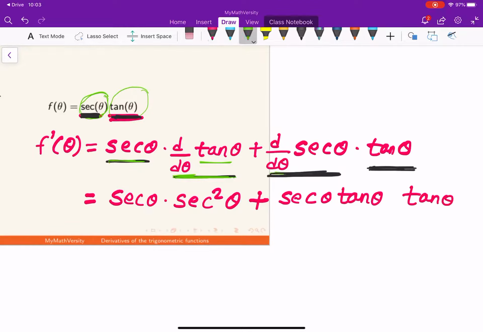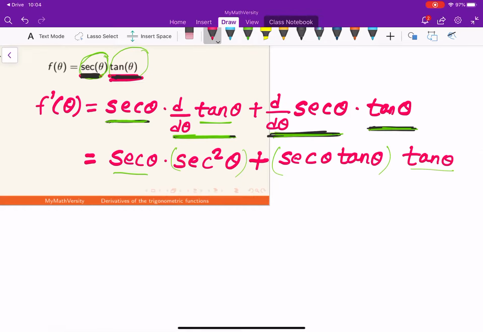You might have noticed whatever is the secant theta, we leave that as it is, multiply by the derivative of the tangent theta, which is secant square theta, plus the derivative of the secant theta, which is secant theta times tangent theta, multiply by the tangent theta as it is. So that's what we have done. It's done. This is the derivative. But if you want to combine or simplify, let's see if we can do further.